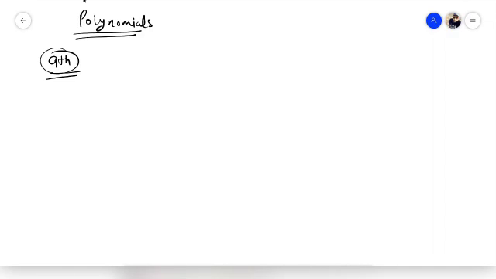Suppose there is a polynomial, say 2x plus 5. I am marking it as f of x, so f of x is 2x plus 5, right? Now we have to find the zero of the polynomial. So let us first understand the meaning. What is the meaning of zero of a polynomial?